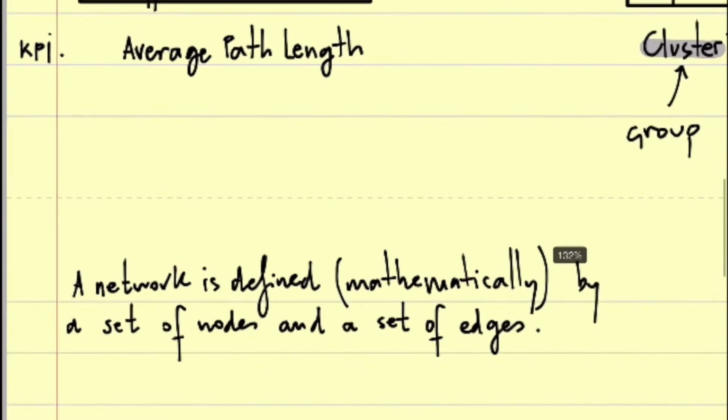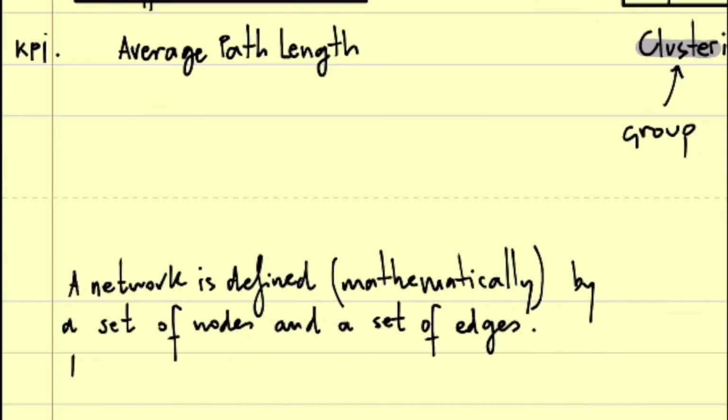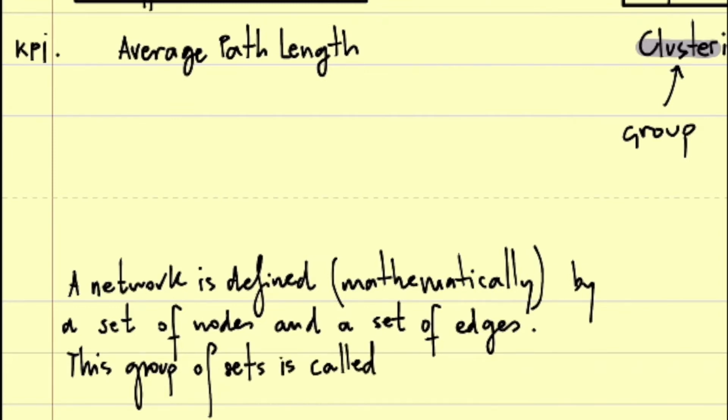This group of sets is called a graph of the network.